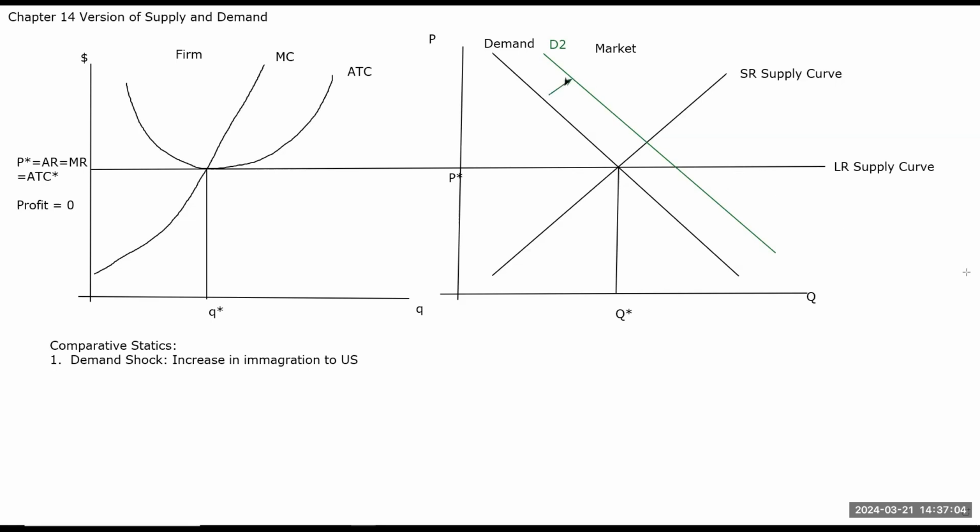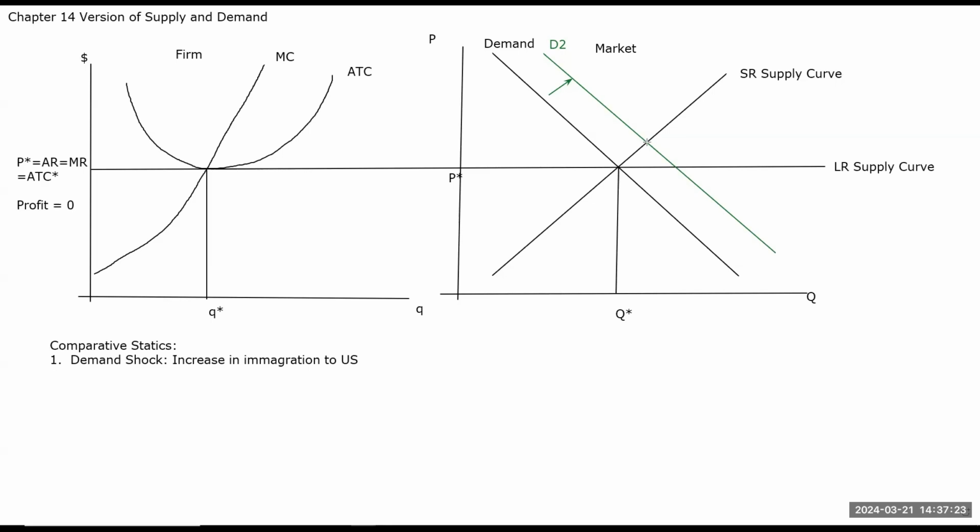When the demand curve moves out like that, the demand hits the short run supply curve, and that's what determines price and quantity in the short run.